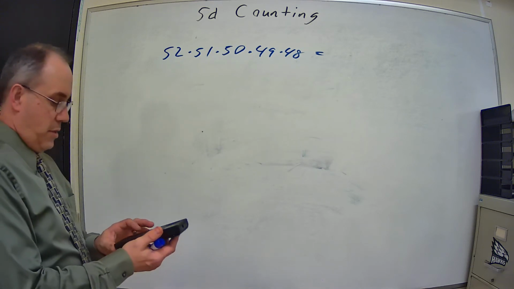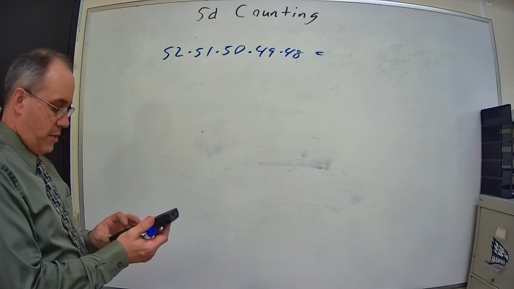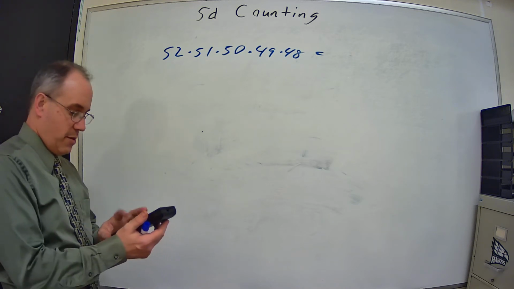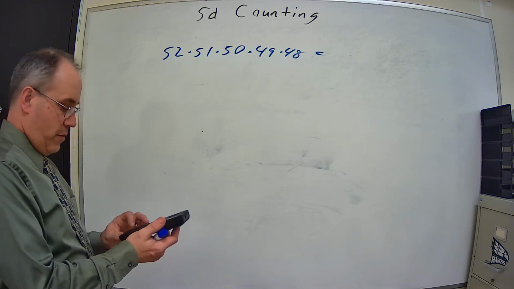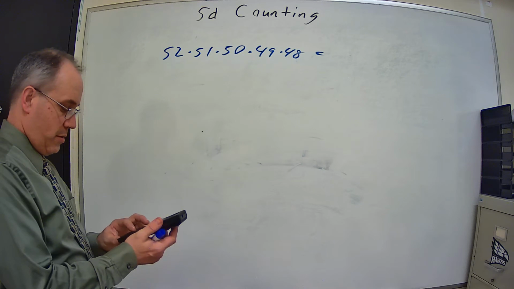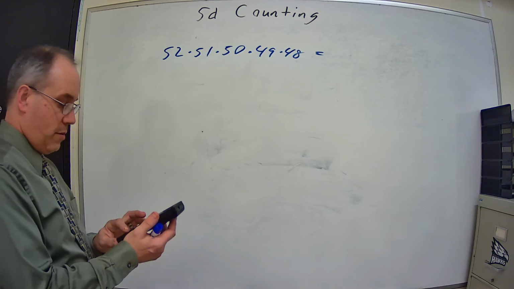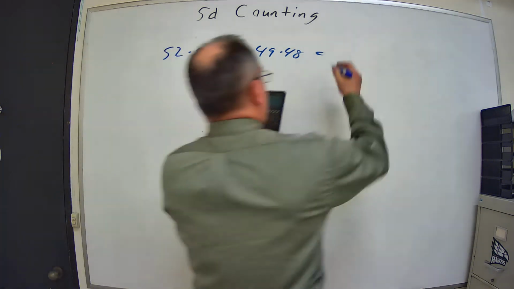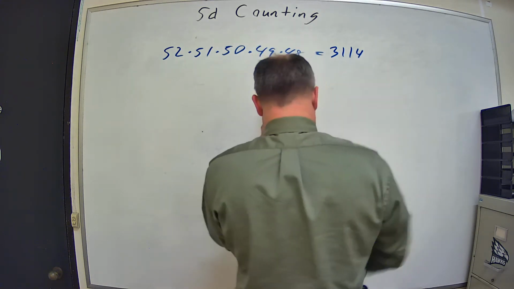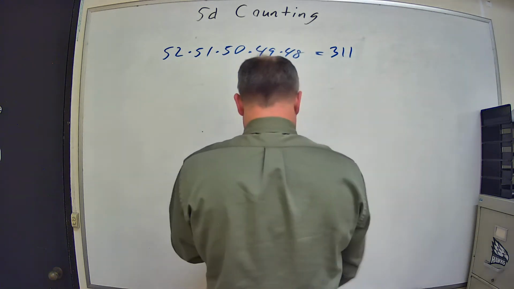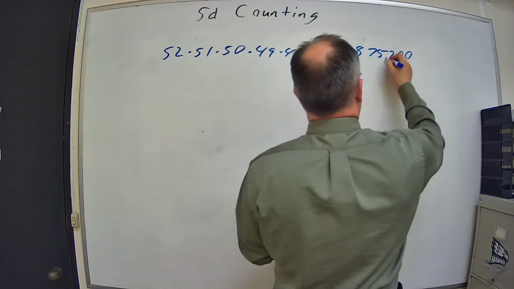So 52 times 51 times 50, 49, 48. So that's 3, 1, 1, sorry, 8, 7, 5, 2, 0, 0.